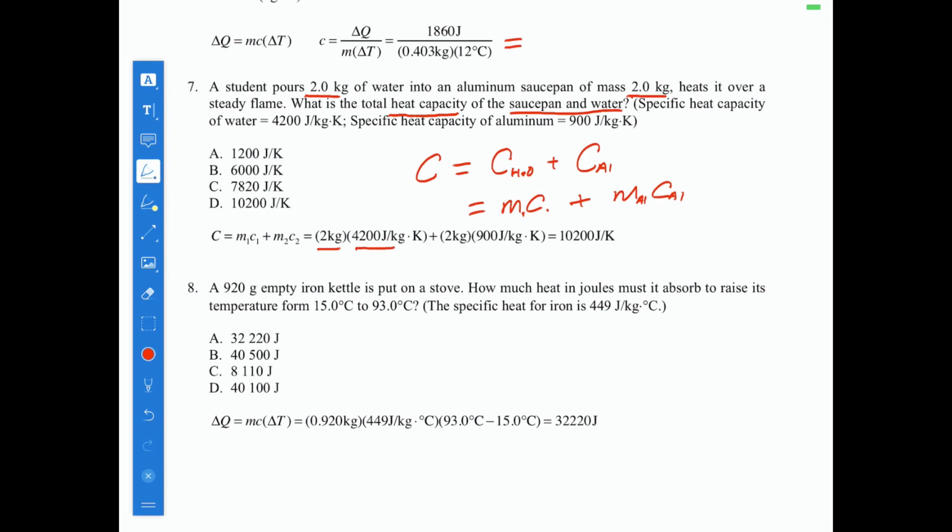Now, sometimes you will see people use 4186, but it doesn't matter, very close. 2 kilograms of aluminum saucepan, this is the specific heat of aluminum. This is your total heat capacity. So the answer is D.